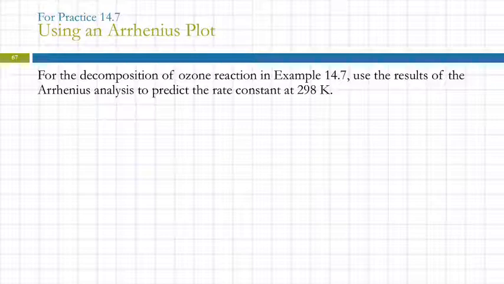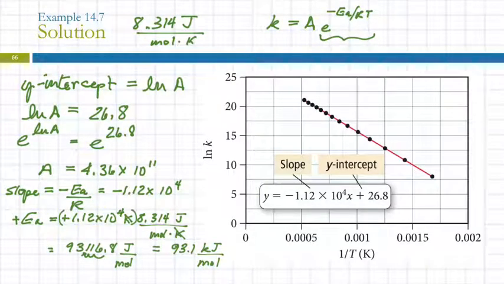For the decomposition of ozone reaction in a previous example, use the results of the Arrhenius analysis to predict the rate constant at 298 Kelvin. Well, we need some values there, don't we? We need that 93.1 and the 4.36.